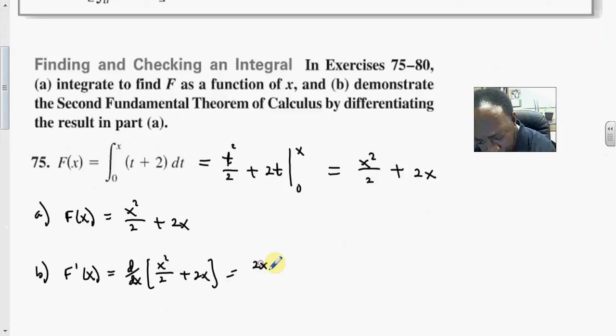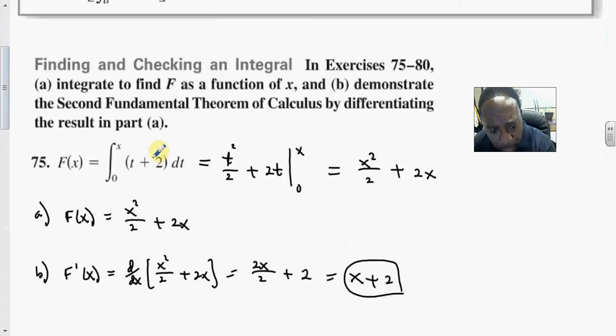So this gives us 2x over 2 plus 2, which is x plus 2, which is represented by that term there.